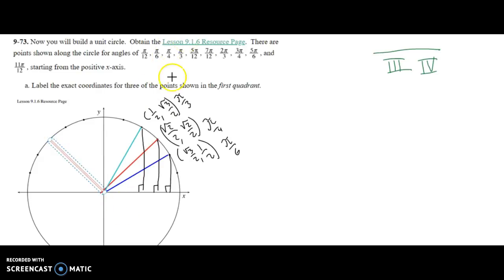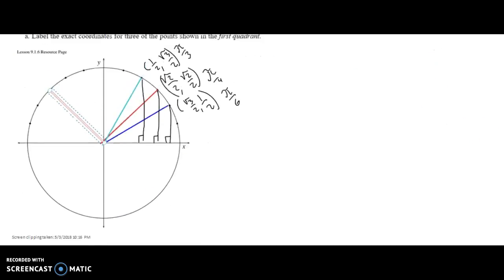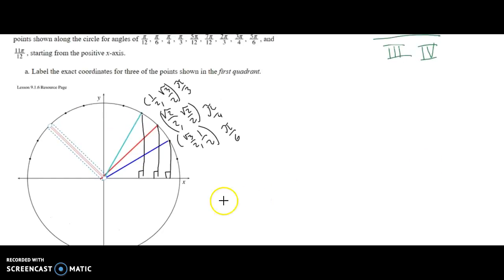And we'll label the different points. And so we have roughly speaking, this 45-degree angle, or the pi fourths, which would be over here, and down here.